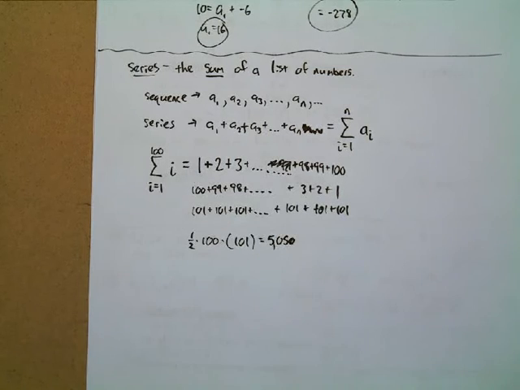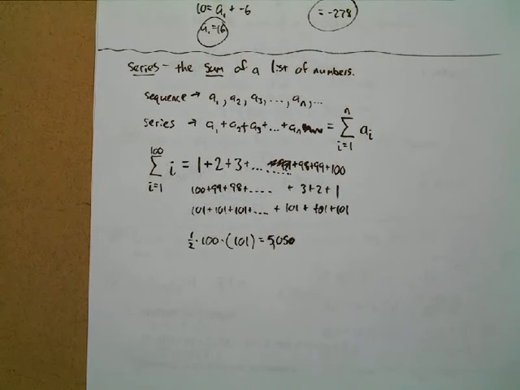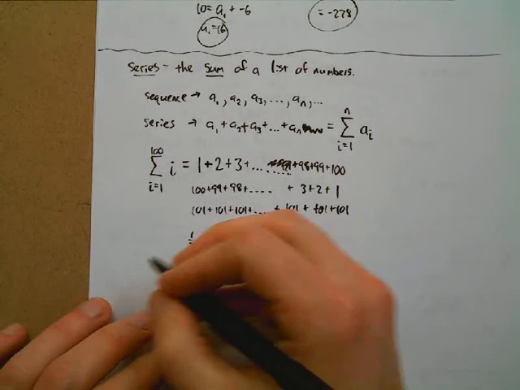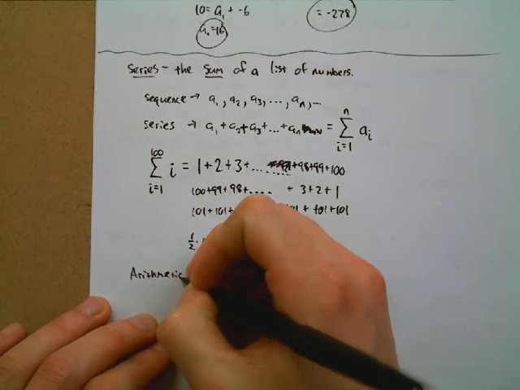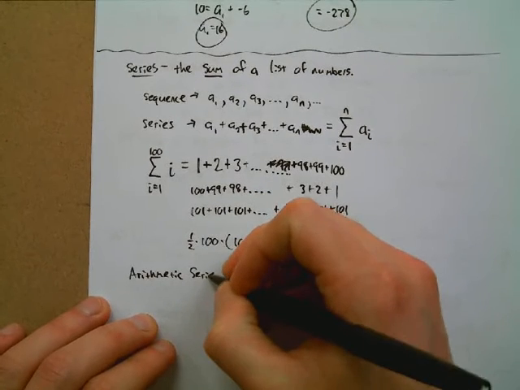N is the number of terms, a sub 1 is the first term, and a sub n is the nth term.